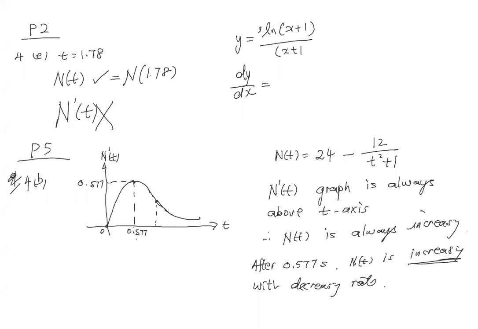So change this. I had the error there because the graph given is the N prime t graph. Okay, any more questions?